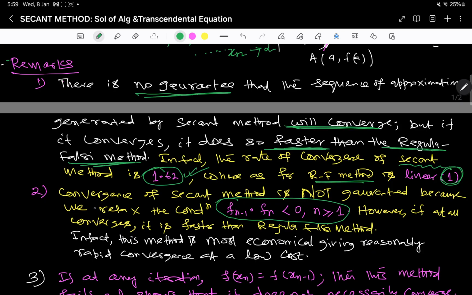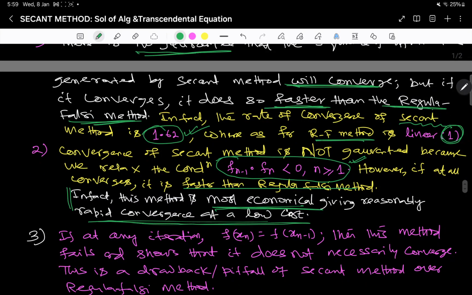However, this method is most economical, giving reasonably rapid convergence at low cost. From a physical point of view, we use this method as an economical method.